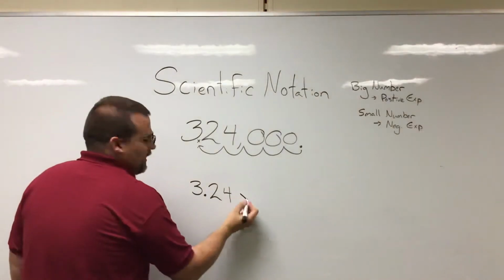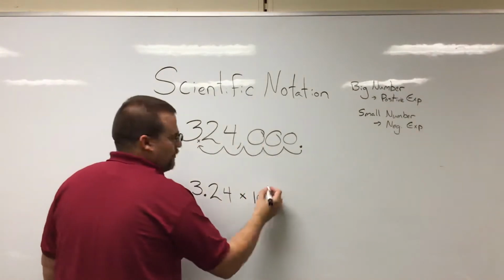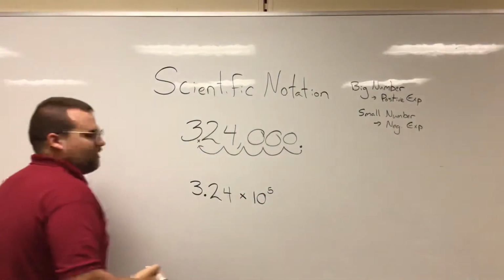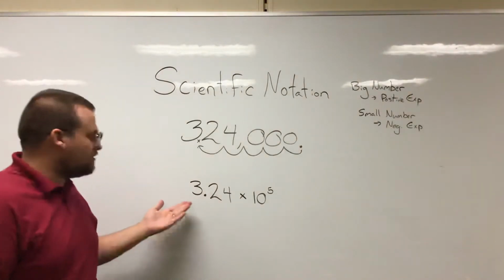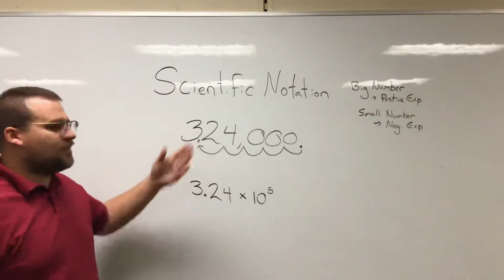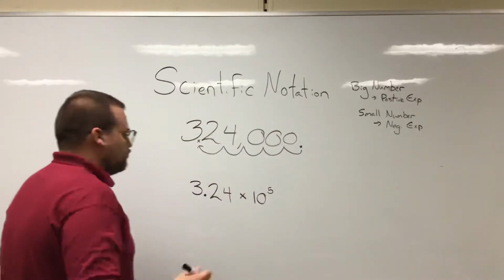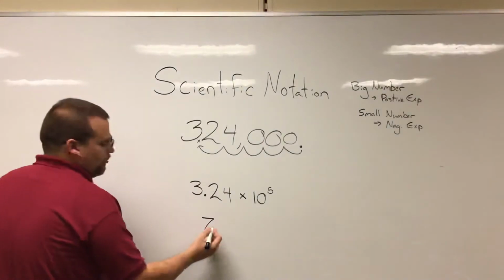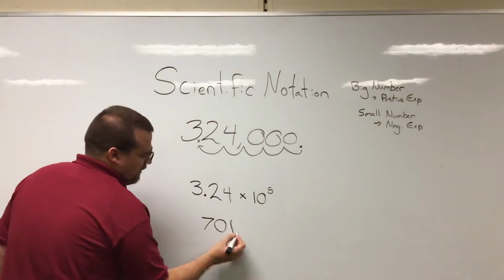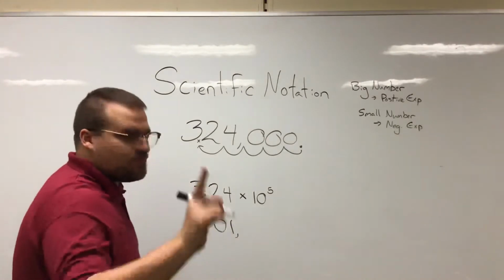So to denote that, we say times 10, and since this is a big number, to the 5th. Since it's 5 times, positive 5th. This is the same thing as that. Let's say we wanted to do 701 million. Let's say that.